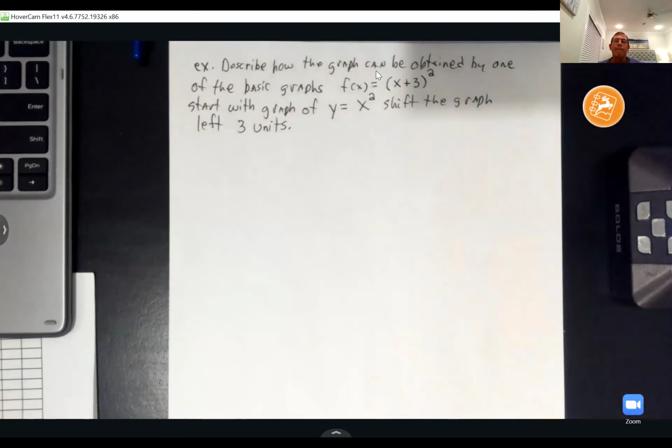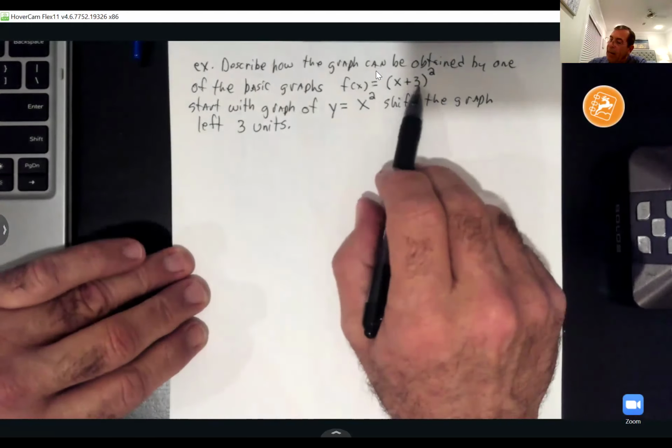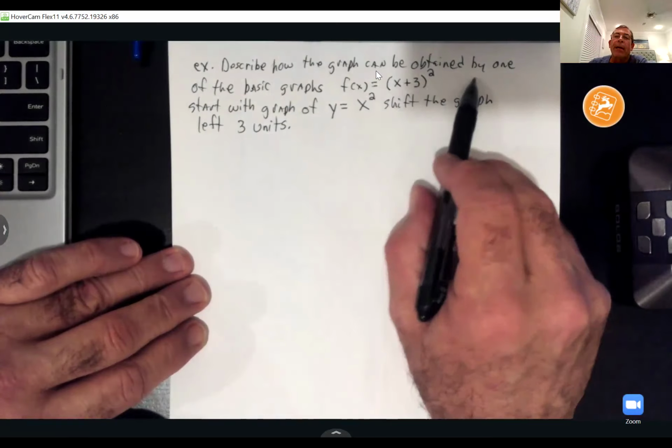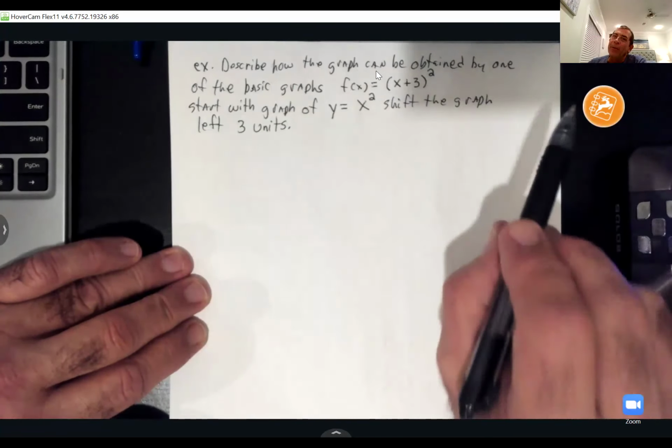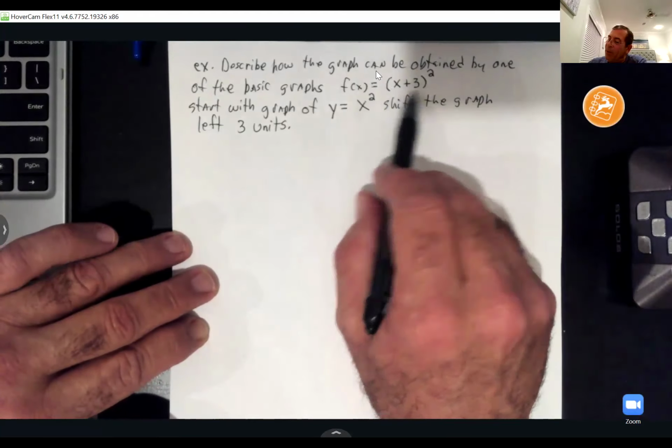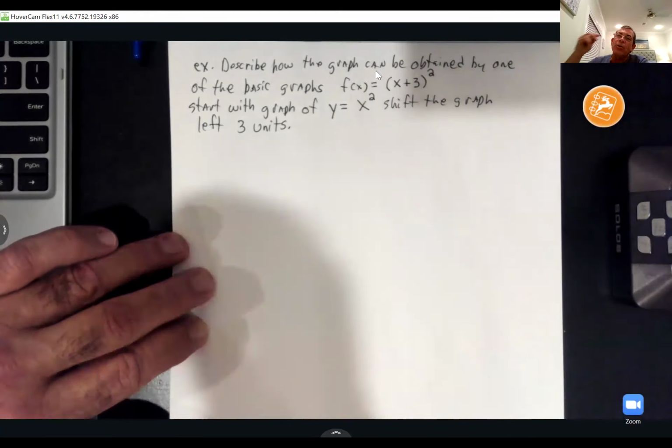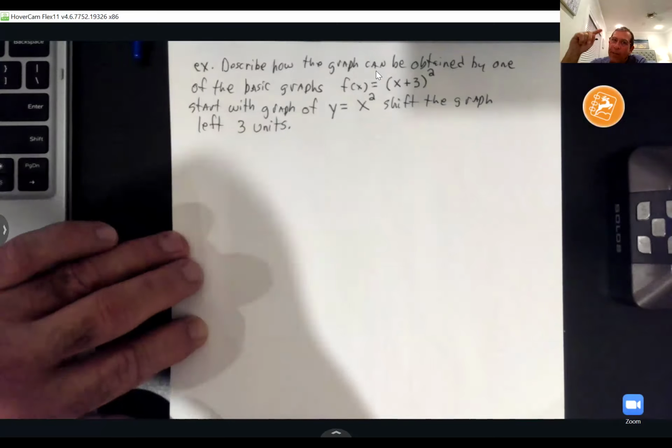Okay. All right, y'all. So now, like I said, if this would have been like an x squared plus 3, then it would be a different situation. But remember, if these numbers are inside those parentheses, you're going left or right, okay?